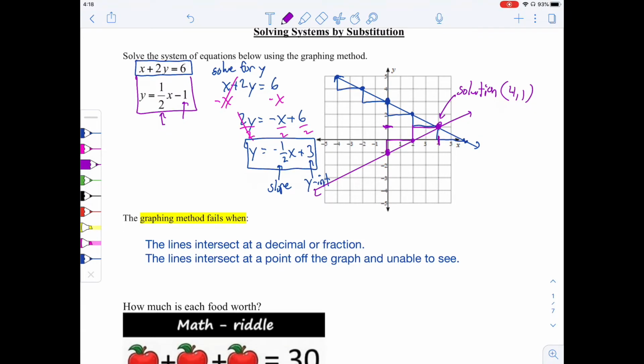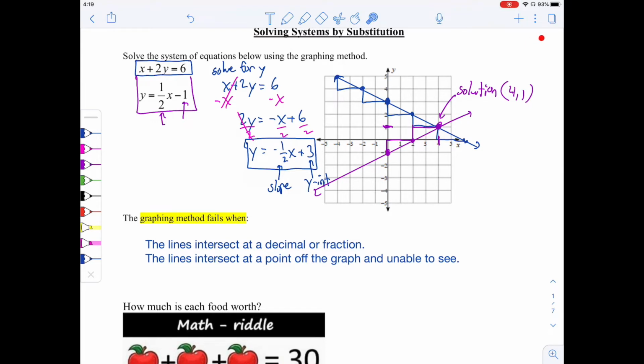Okay, so this is going to fail if we don't end up with some nice clean point like (4, 1). If it ends up somewhere in the middle and we have to estimate, then it fails, because we don't know exactly, so we can't just guess. The graphing method fails when the lines intersect at a decimal or fraction, and when the lines intersect at a point off the graph and unable to see.